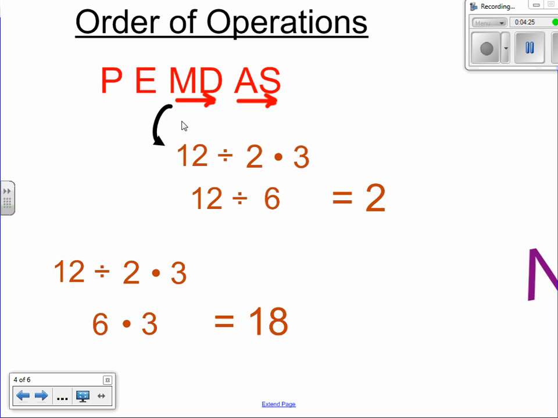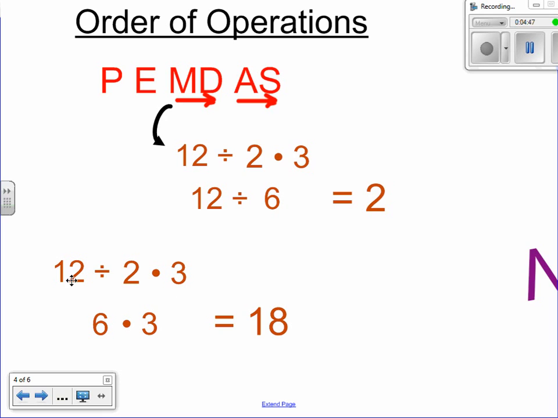Well, if you follow the order of operations and you multiply and divide as they occur, left to right, just like we're reading, would you do 12 divided by 6, multiplying first? Or would you do 12 divided by 2, which is 6, then times 3?